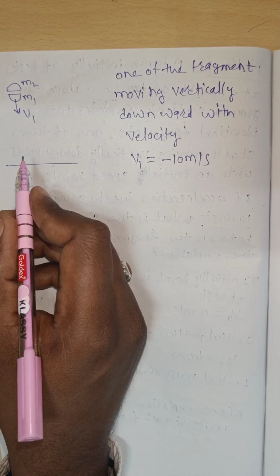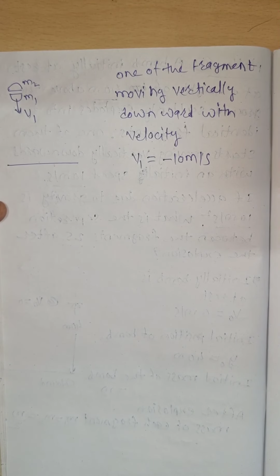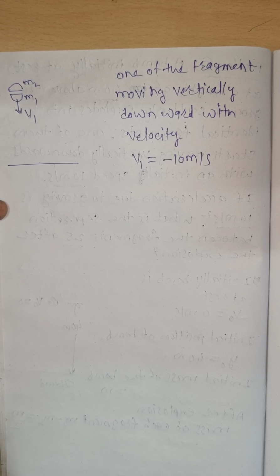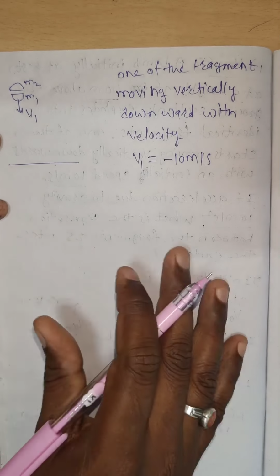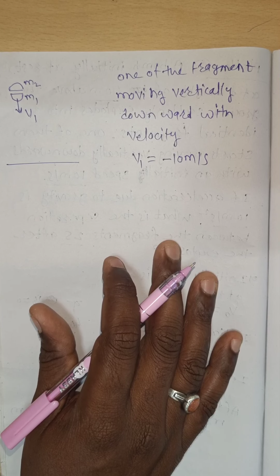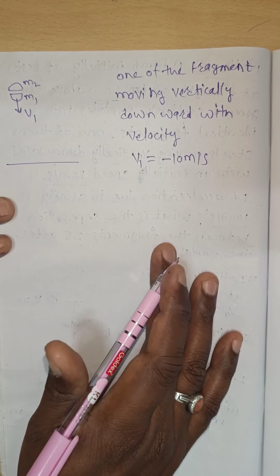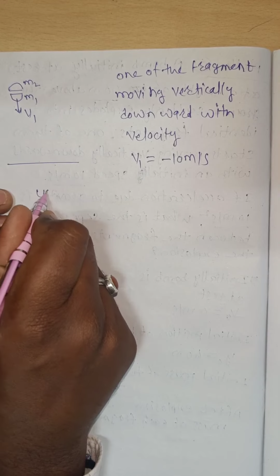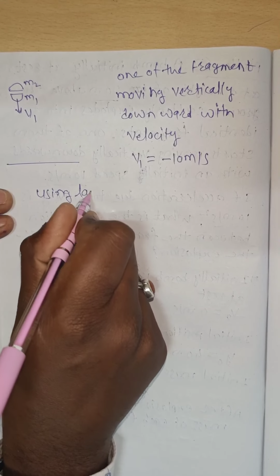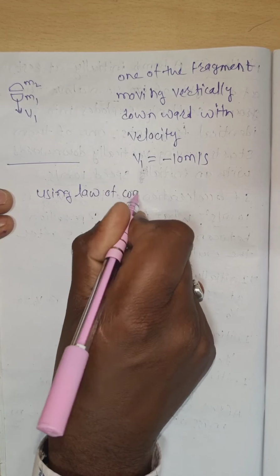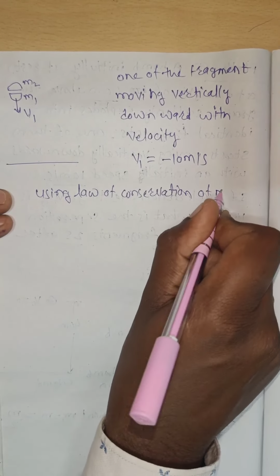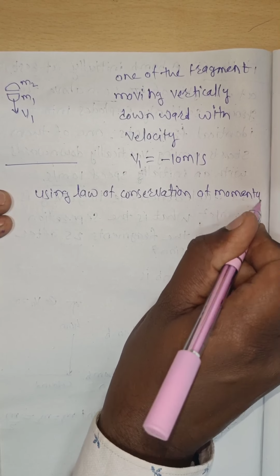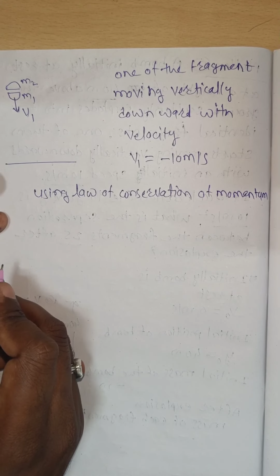Then what about the other fragment? We have to find out in which direction it moves and what its velocity is. To find the velocity of the other fragment, we use the law of conservation of momentum.